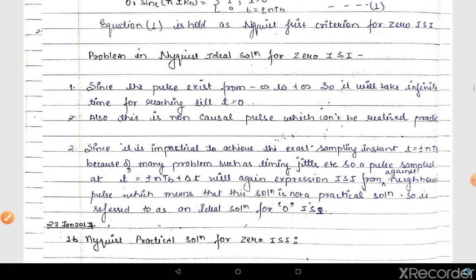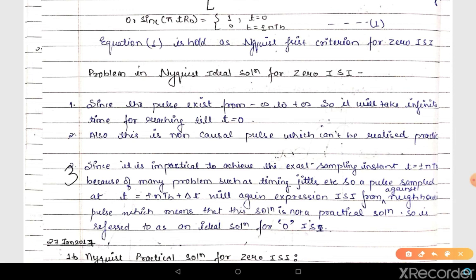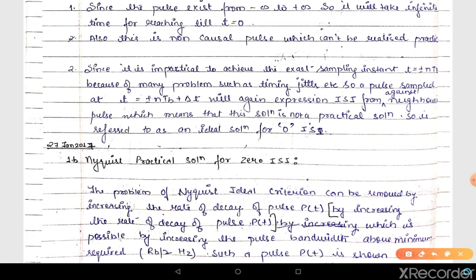And the third problem is, even if I assume that it has practical implementation, it doesn't have any tolerance for the sampler. What I have assumed is this is my sampling instant TB. Practically, there is no sampler which will exactly sample at t equal to TB.